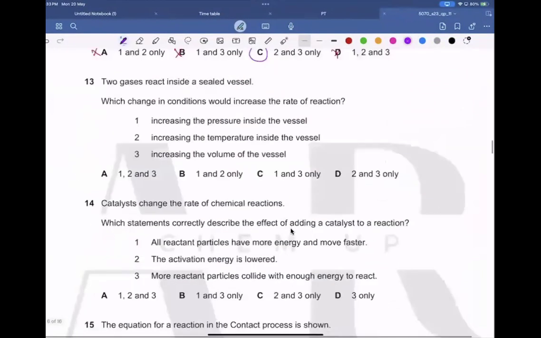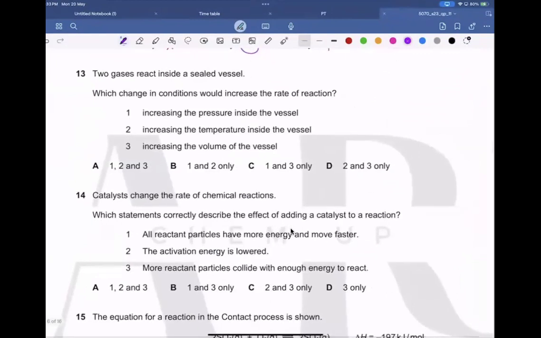Now, question number 13. Two gases react inside a sealed vessel. Which change in conditions would increase the rate of reaction? Increasing the pressure inside the vessel? Yes, very good. It would increase the rate of reaction.